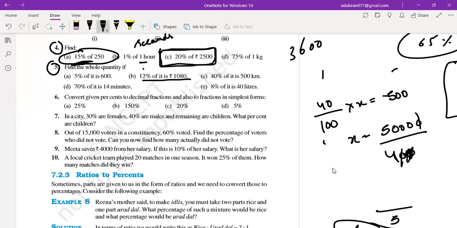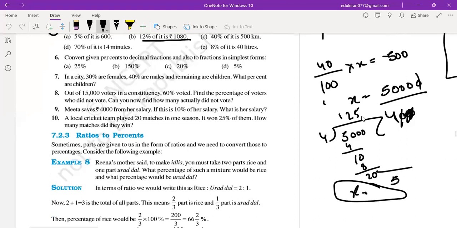Now, when you divide 5, 1, 2, 3 by 4, how do you divide? 4 ones are 4, 10. 4 twos are 8, 2. Then 0, 5 ones are 5, 20, right? Now, one more 0 is there, no? So you add it, and you will write 1250. Getting the point? You said 125, so the answer would be 1250.